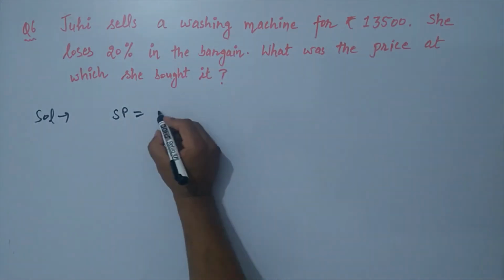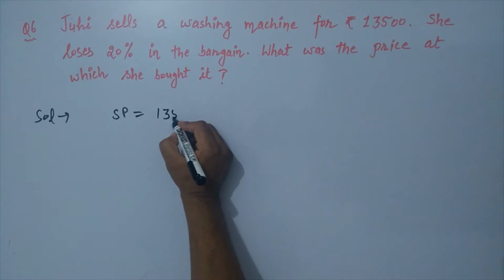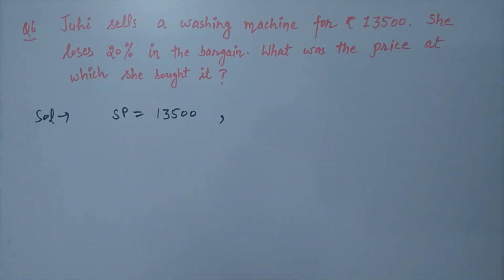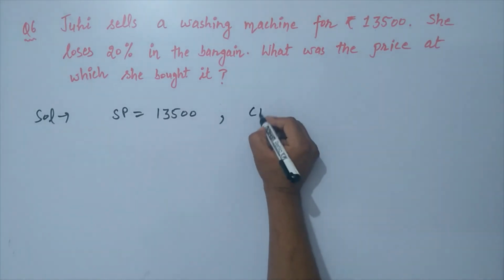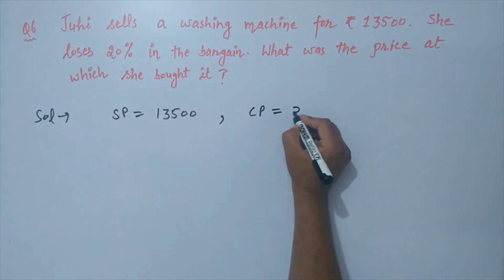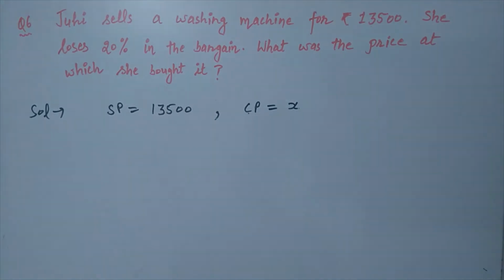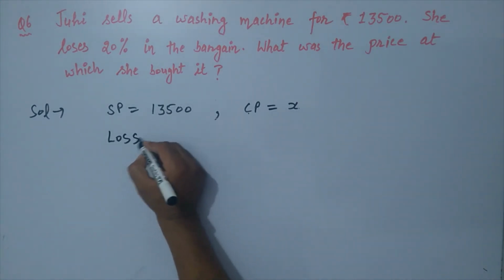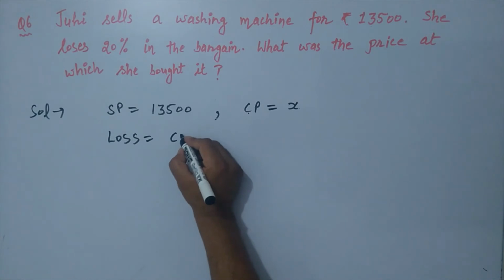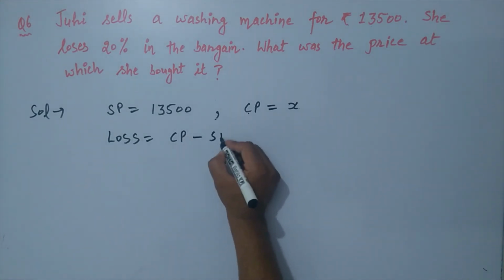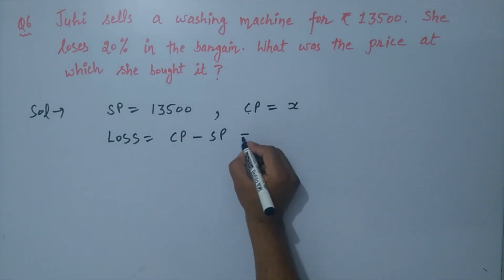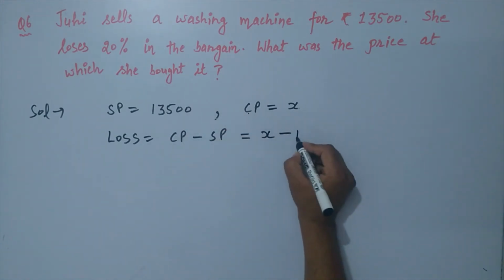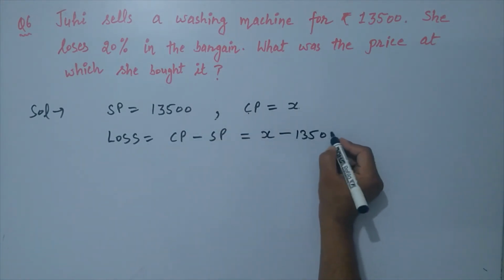Selling price is rupees 13,500. Now what is cost price? Suppose cost price is rupees X. Now what is loss? Loss is equal to cost price minus selling price, which is equal to cost price X and selling price 13,500.